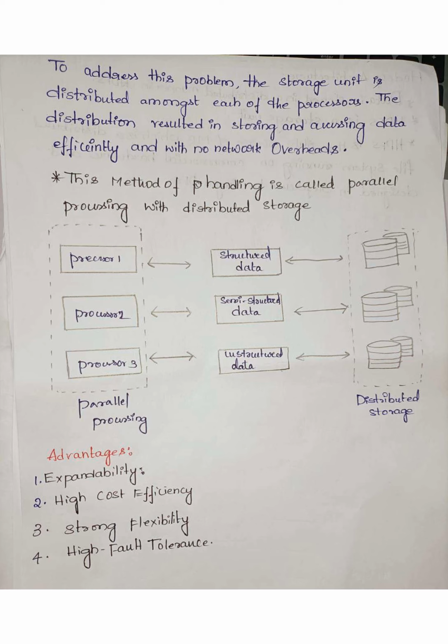So whenever it is requested by any processor, the data can be accessed. Parallel processing is also running here, and another thing mentioned here is the distributed system. The data is distributed. The method of handling is simply called parallel processing with distributed storage.